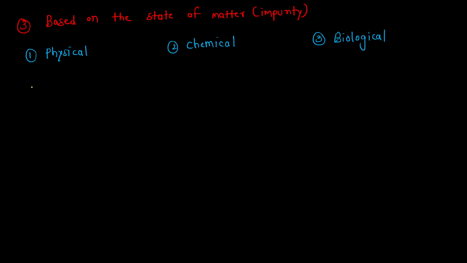Among physical, the impurities or properties present are: the first one is temperature, the next is color, then turbidity, then odor and taste.